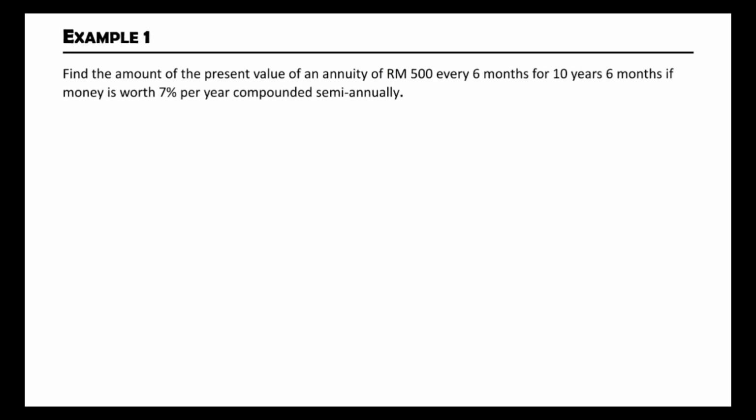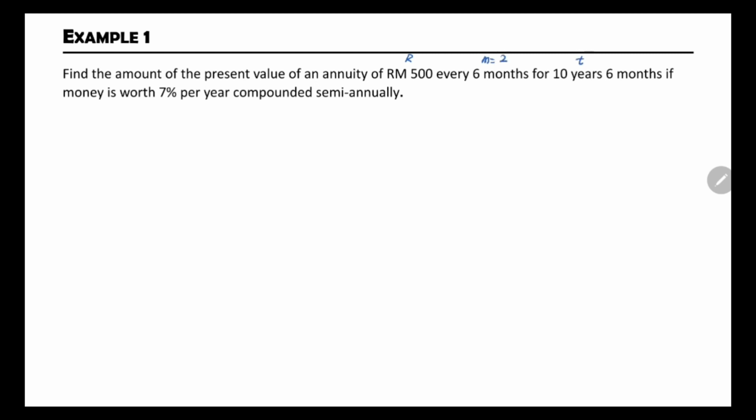Example 1. Find the amount of present value of an annuity of 500 every 6 months for 10 years 6 months if money is worth 7% per year compounded semi-annually. So in this case, we look for the present value where R is 500 every 6 months, compounding period m equal to 2, for 10 years 6 months.